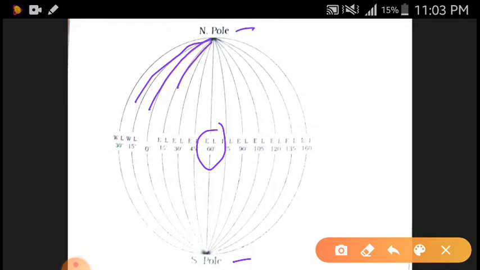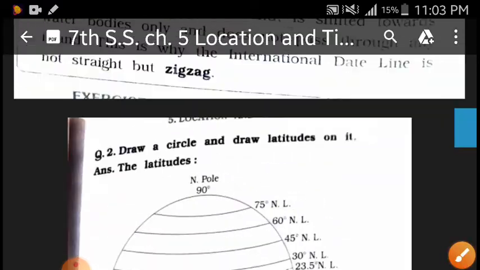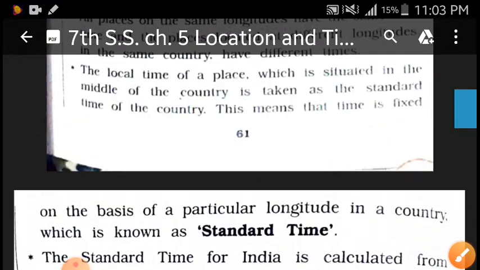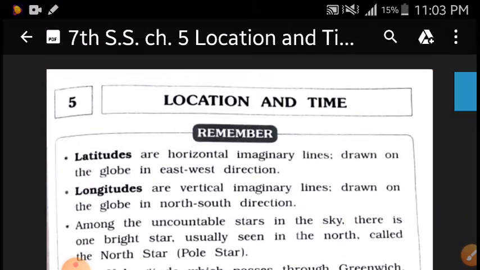I hope it is clear in your mind what longitude and latitude are. Latitudes are horizontal lines and longitudes are vertical lines drawn on the globe of the earth to understand the location of any particular place and to measure the time. Both terms are important. I hope it is clear what longitude and latitude are.